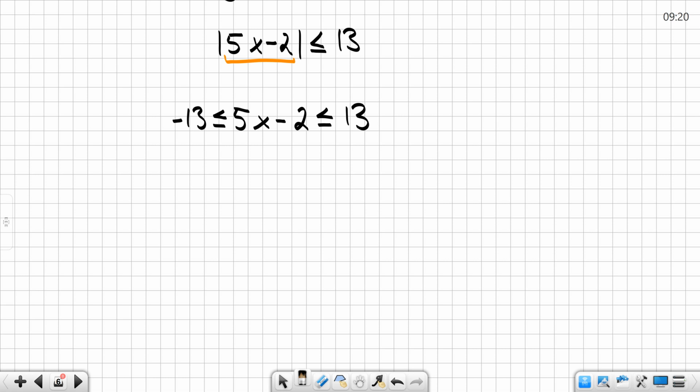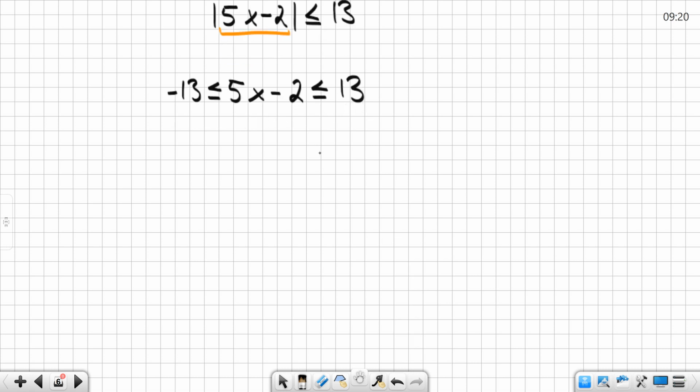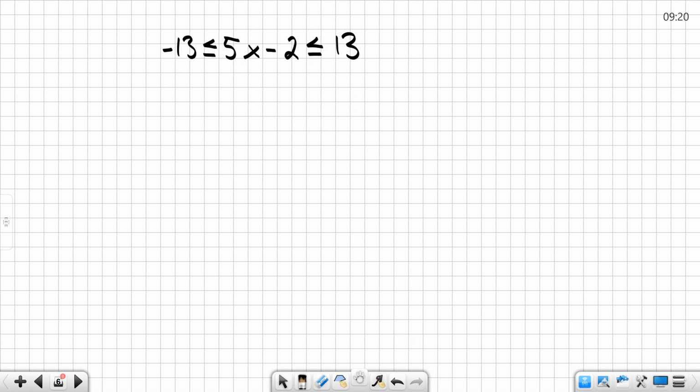Think again about a number line. It has to be between negative 13 and positive 13. So this inequality I'm solving by isolating my x in the middle. The first thing to be done is I'm adding 2 to everything.